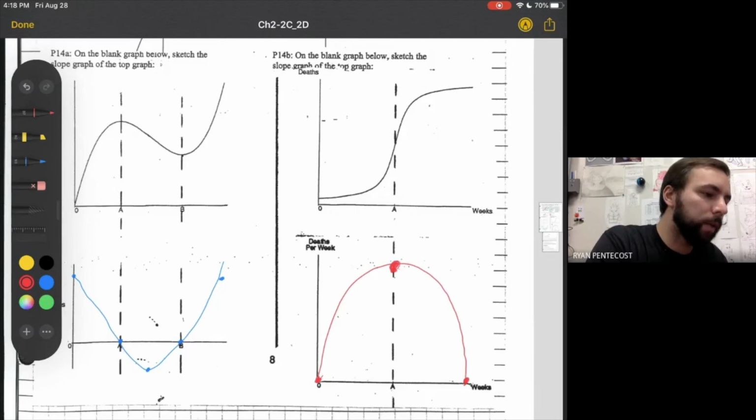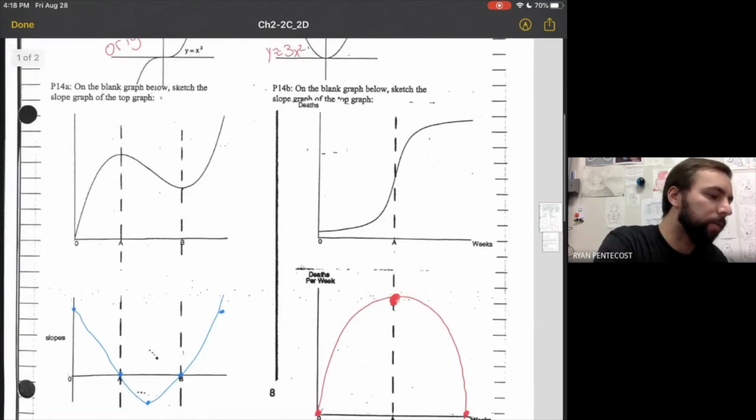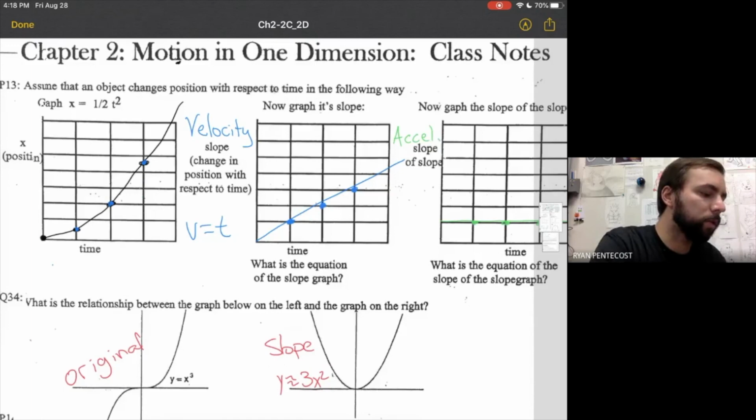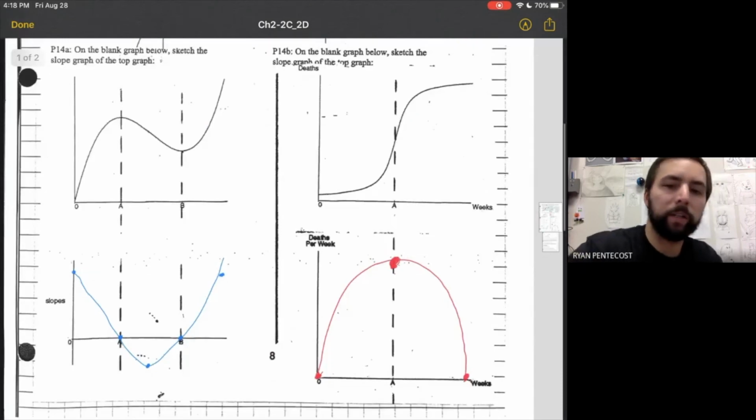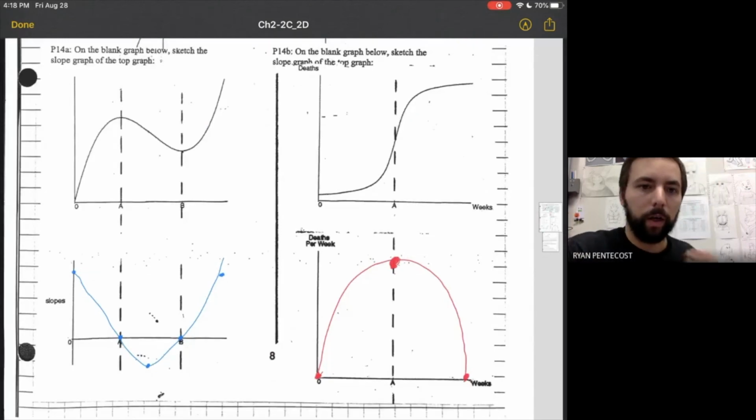Now it's not quite as easy when you're doing a graph up here like this, because you're estimating point by point. Down below, we are estimating general trends. But here we are almost working through derivatives.